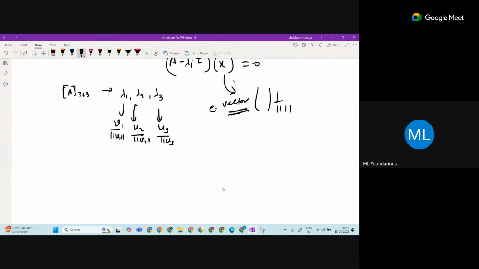This is the case for the Hermitian case. Your matrix is Hermitian, so we got these eigenvectors.